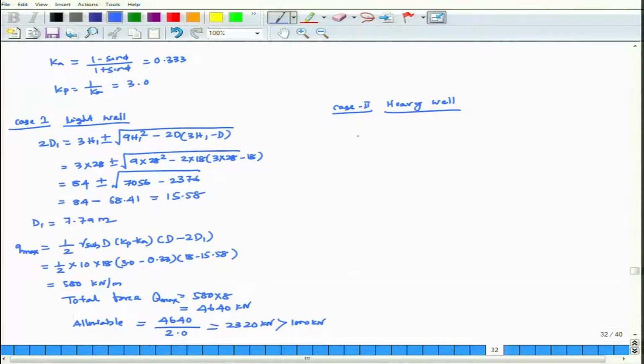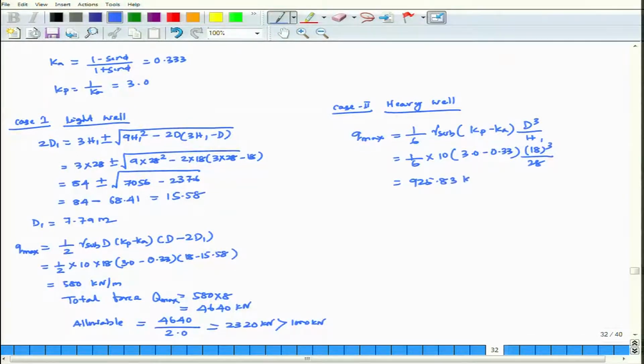In heavy well, Q maximum is equal to 1/6 gamma submerged into (Kp minus Ka) into D cube by H1, which is equal to 1/6 into 10 into (3.0 minus 0.33) and 18 whole cube by 28, which is equal to 925.83 kilonewton per meter, and Q allowable is equal to 925.83 by 2 into 8, which is equal to 3703.32, which is greater than 1000 kilonewton.